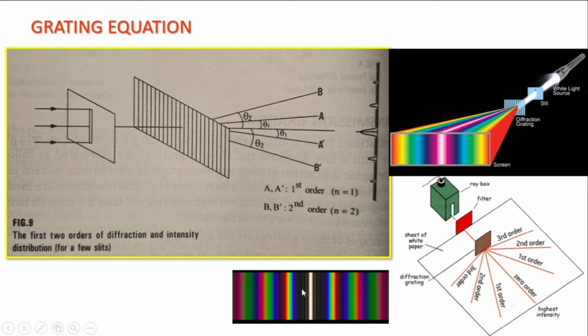For the first order principal maxima, we can see the different colors separately. For the second order maxima, we can see the colors separately, but with an intensity drop compared to the first order principal maxima. Likewise, for the third order also we can observe, but the intensity gradually decreases.